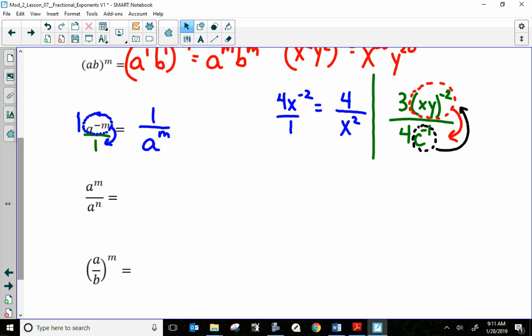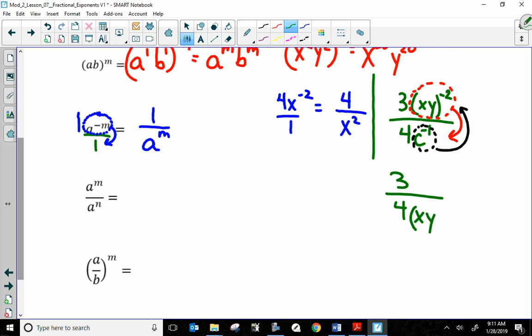So when everything is all said and done, my 3 and 4 stay. They don't have the negative exponent, right? I have xy squared, and then I have c to the first. That comes up here. If I want, I can distribute that 2 exponent in the bottom, so I can say 3c over 4x squared y squared.